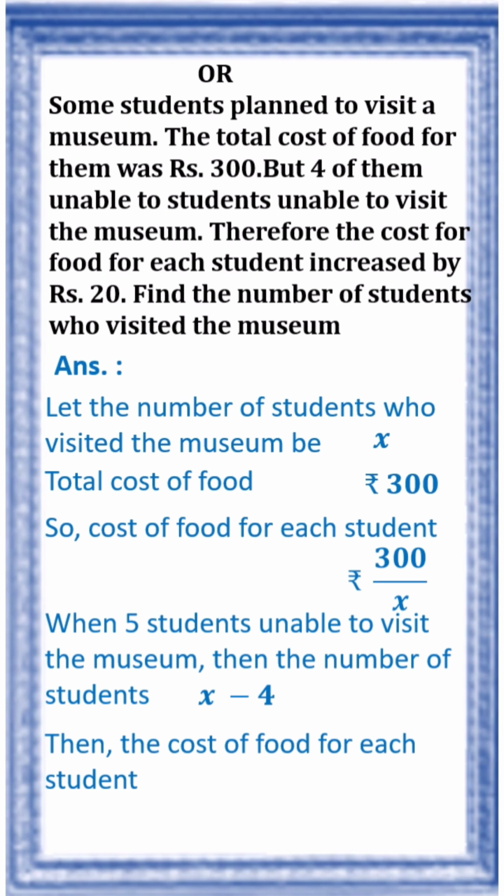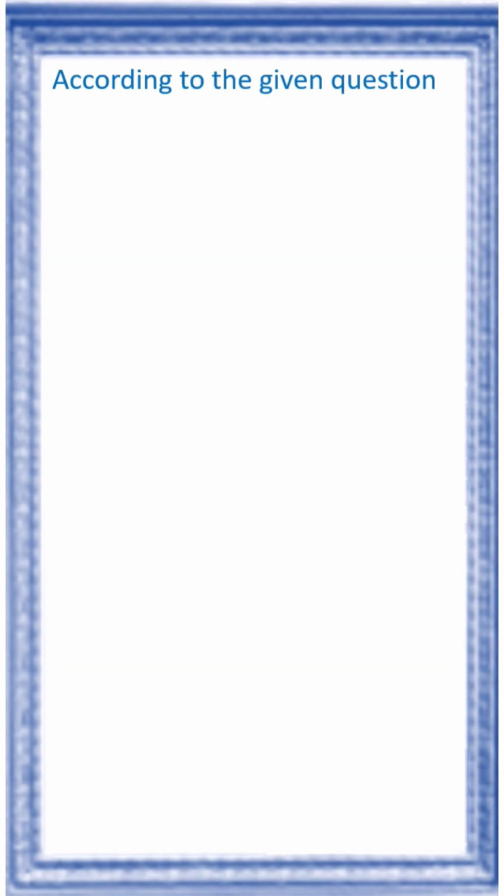Then the cost of food for each student is equal to 300 by x minus 4. Now according to the given question, 300 upon x minus 4 minus 300 upon x is equal to 20. Difference of amount is 20.